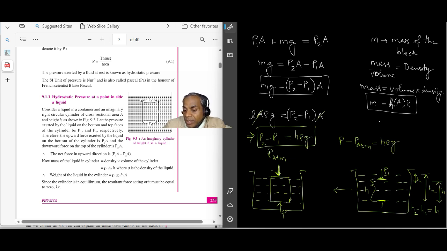And if you write this in terms of only P on the left side, so P atmosphere plus H rho G, H the height or depth below the surface, rho the density of the liquid, and G.